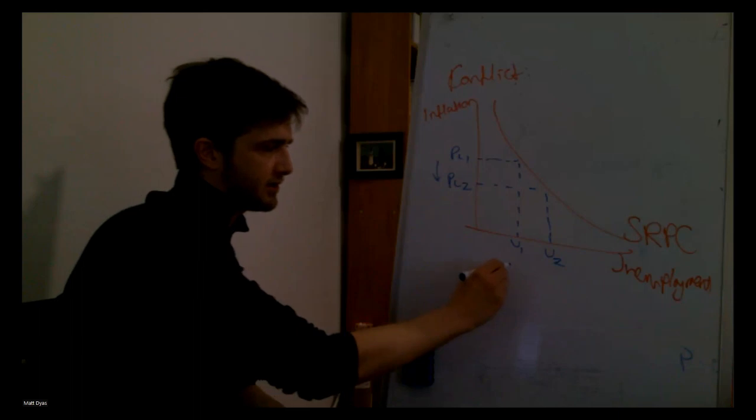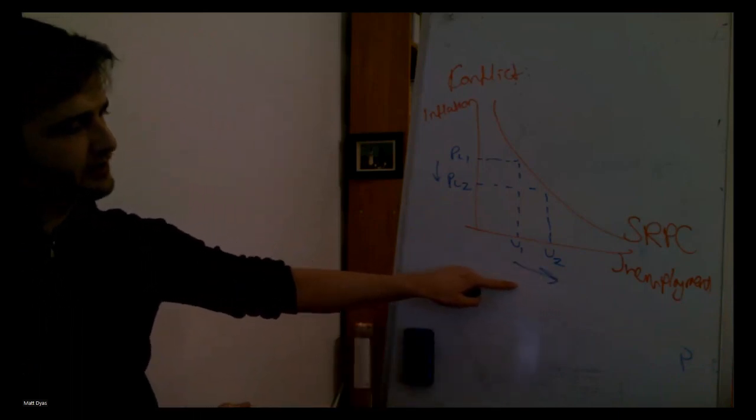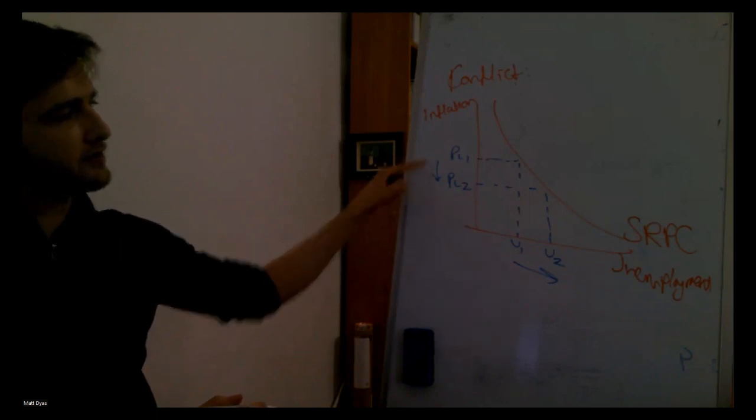So if you reduce inflation, you increase unemployment. And if you were to go the other way and reduce unemployment, you would increase inflation.